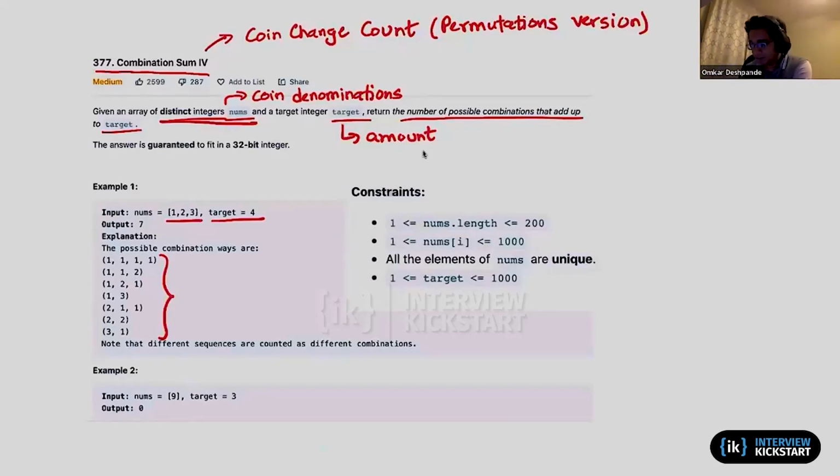So 1111, 112, 121. And what you will notice from these examples here is that they are the same three coins. It's just that they have been rearranged. So, in other words, order matters.